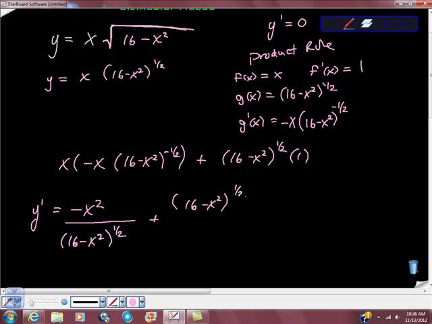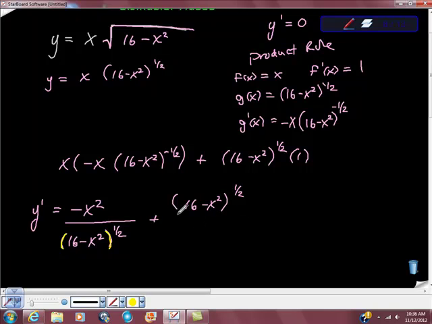If you look at these for a second, you see this is rational, this one's not. That is to say, one's a fraction, one's not. So to add fractions together, we have to get a common denominator, right? So this is the common denominator right here. This whole thing at the bottom down here is the common denominator, including this 1/2 power.